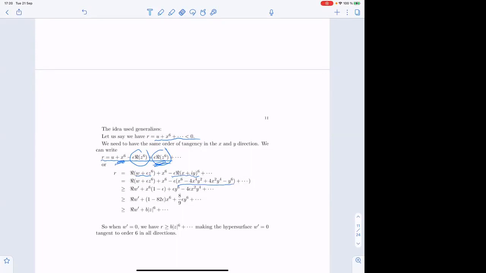But anyway, if you look at the coefficients for x to the 6, you have 1 minus epsilon as constant, which you can think will be almost 1. For y to the 6, you have still an epsilon, but unfortunately, you also have epsilon for the other two missing terms. You can throw out this because it's positive anyways.